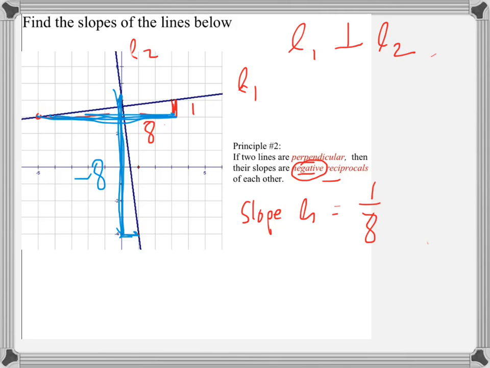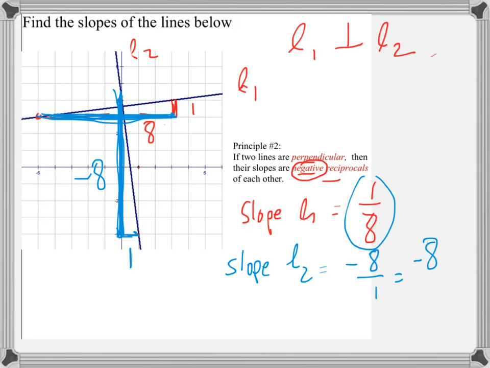Okay, because they're hitting each other at right angles. So whatever change L1 makes horizontally is the change that L2 makes vertically. Okay, so the vertical change here is negative 8, and the horizontal change is 1. So the slope of L2 is negative 8 over 1, which is negative 8.